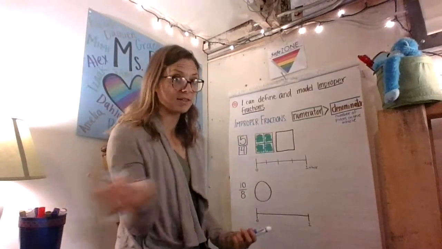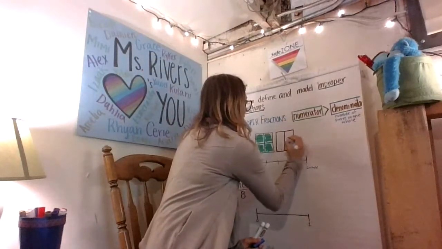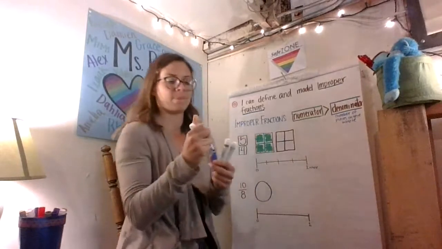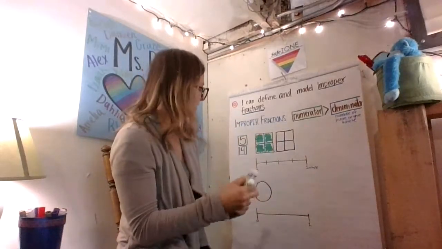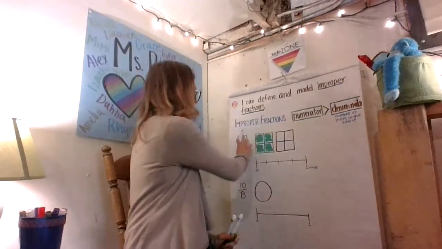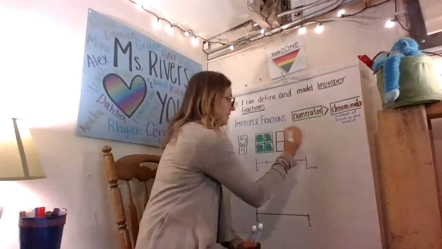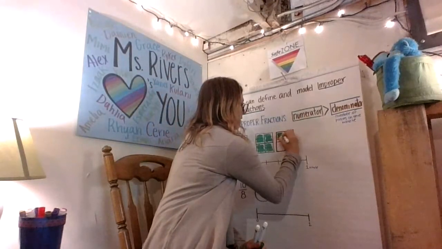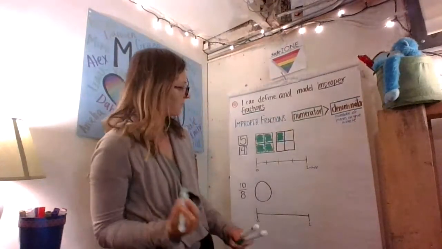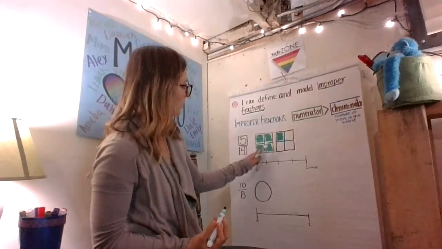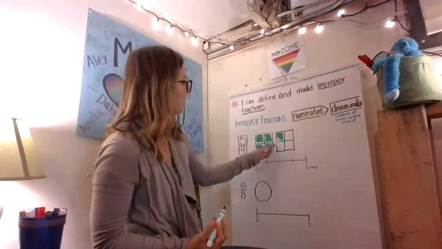I still break that into 4 equal parts, and I have 1 more of my fourths that I need to account for right there. Now I have 1, 2, 3, 4, 5 fourths.